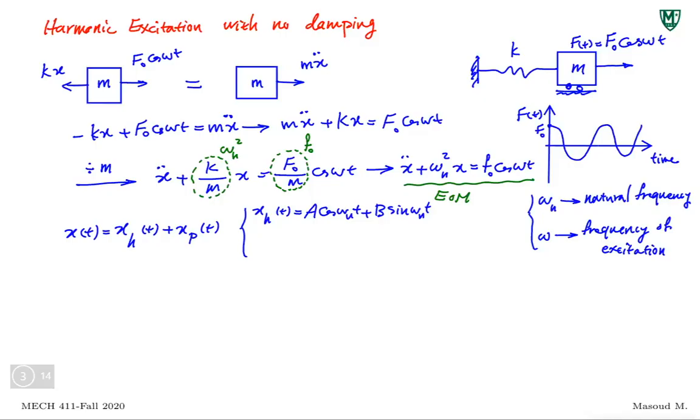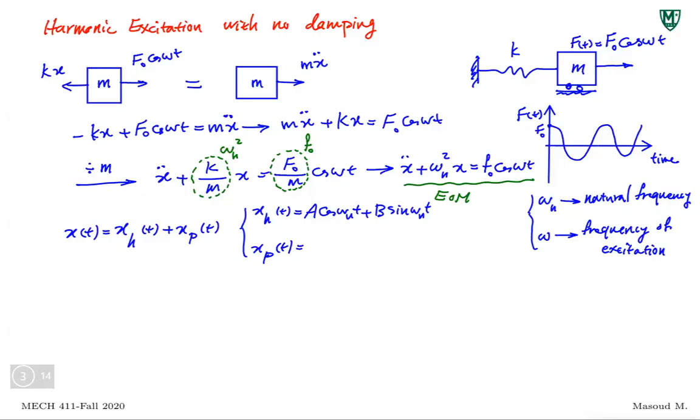That's the general form of the homogeneous part of the solution, assuming there is nothing on the right side, with a and b being constants that we have to find from initial conditions. Now, what is added is the particular solution. Its general form is dictated by the non-homogeneous part, which is f naught cosine omega t.